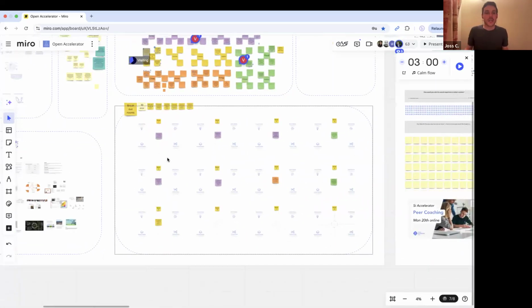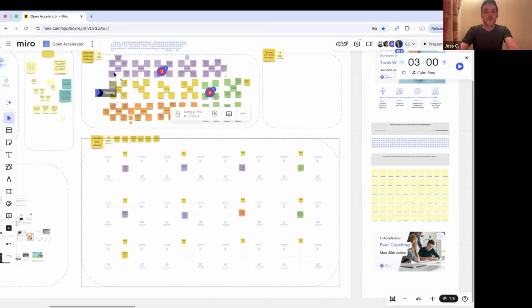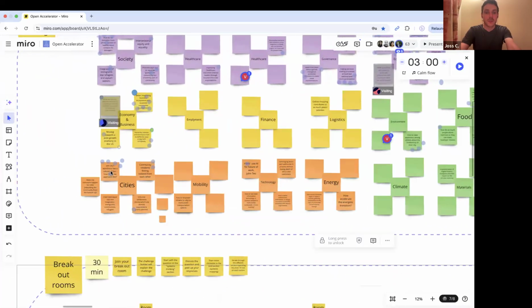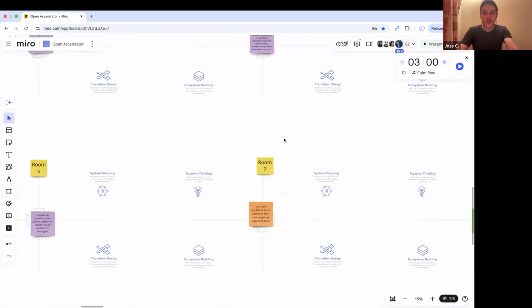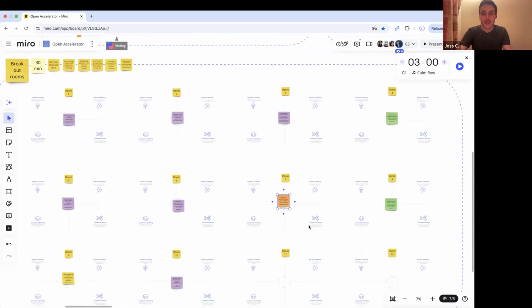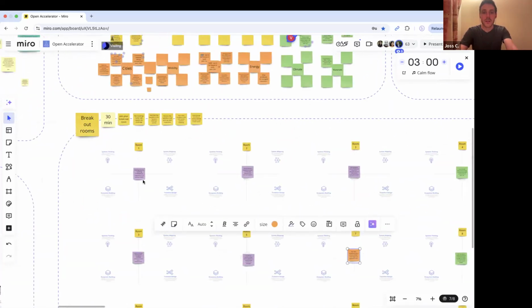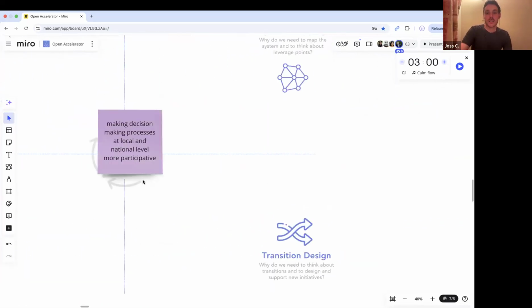Hopefully we're getting there, Ezra. We always have a challenge for each room. Maybe I'll take one or two down. Okay, we're getting there. Maybe I'll quickly flick through this. Room one, redesigning the teaching profession to respond to 21st century needs.